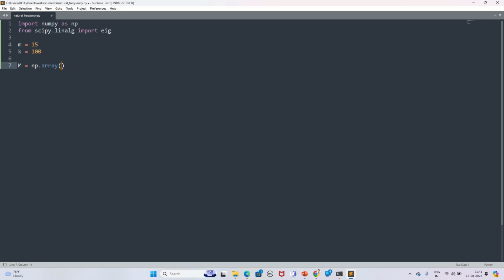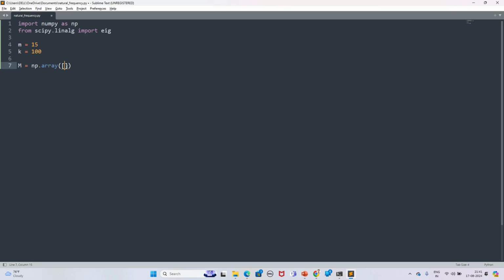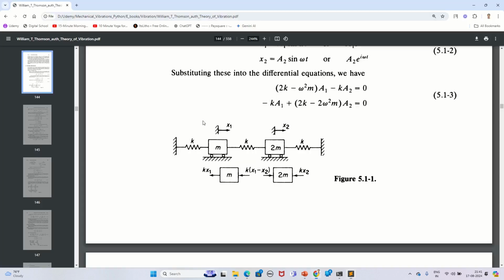For the syntax I have to follow a normal bracket then a square bracket. Since this is a 2 degree of freedom system, the mass matrix is 2 by 2. First row, then a comma, then the second row. I need to fill the mass matrix.